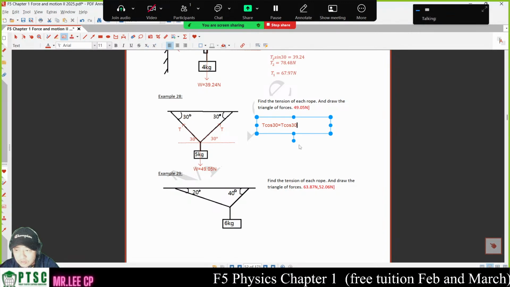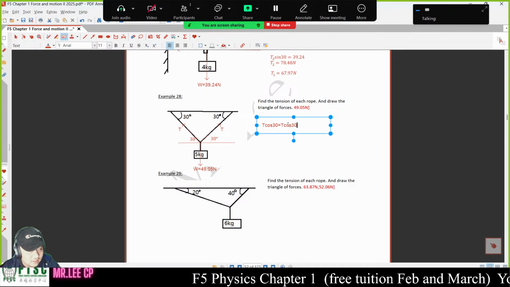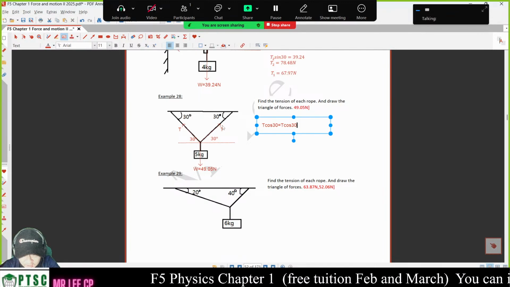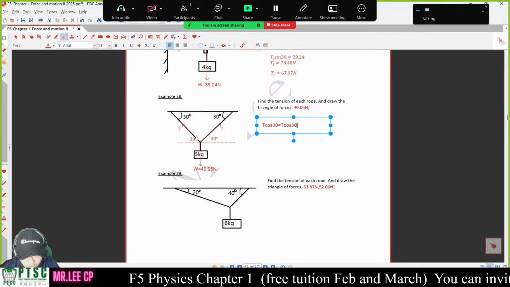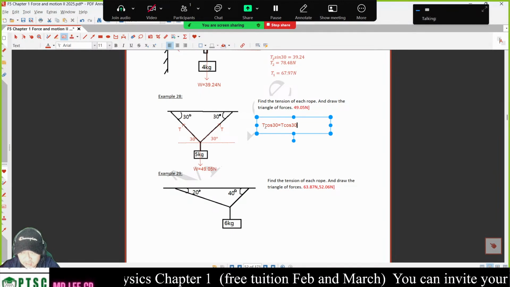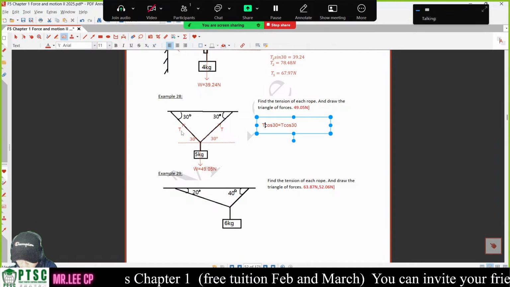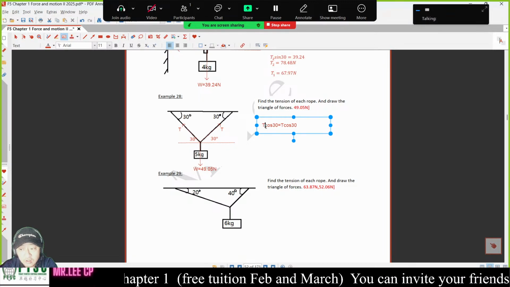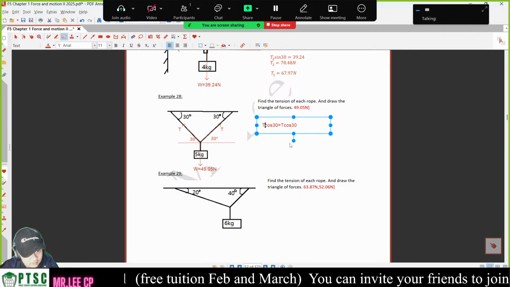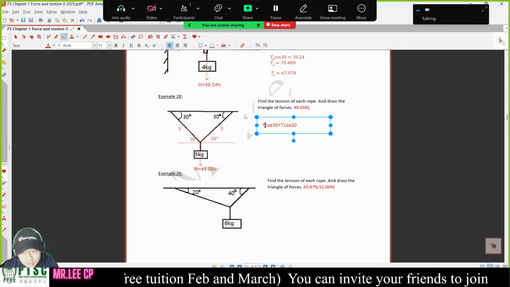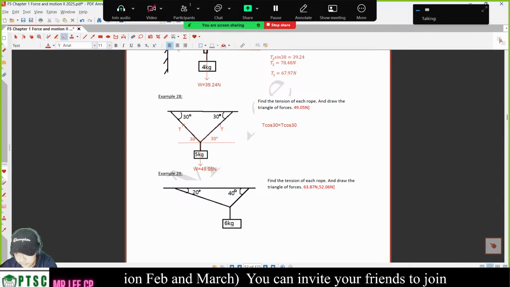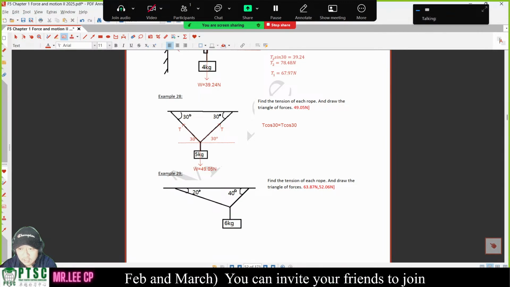You cannot divide T equal to T, you cancel the T. This just tells you the force here and here is the same. If you use T1 and T2, you set T1 equal to T2, meaning the tension is the same. So I leave it here. I do not want to do anything more from here.